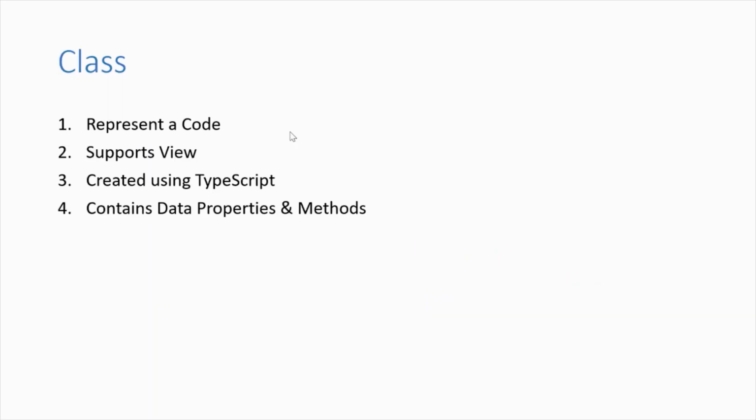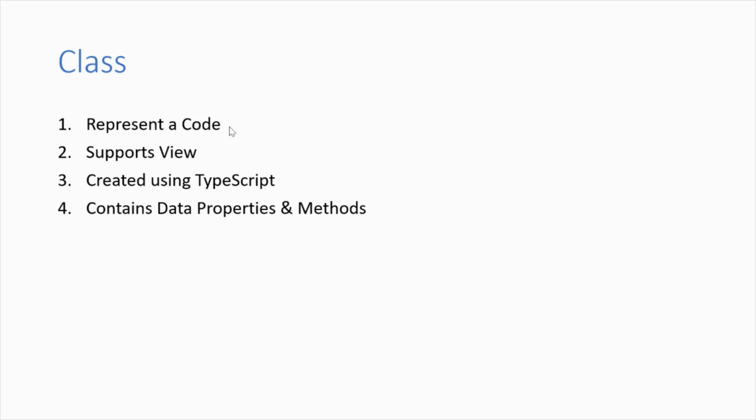Next is class. What is this class? A class represents code. It's like a normal class, which we have already seen in other programming languages, like Java. We know that a class always contains data properties and methods.